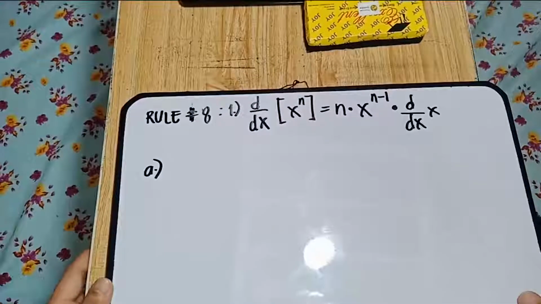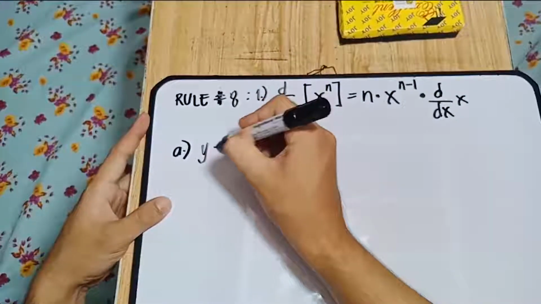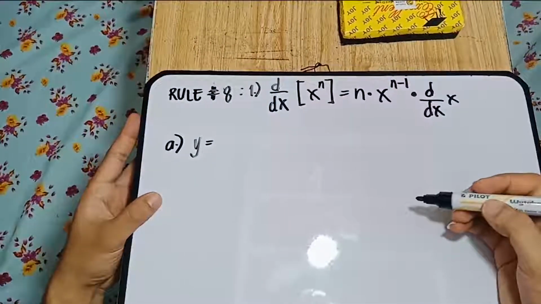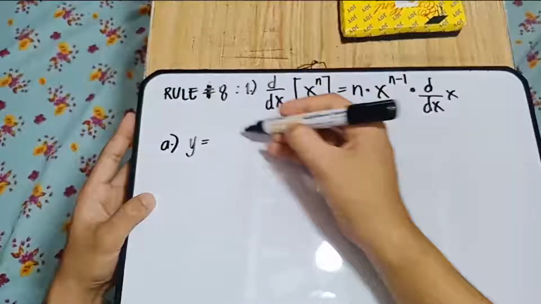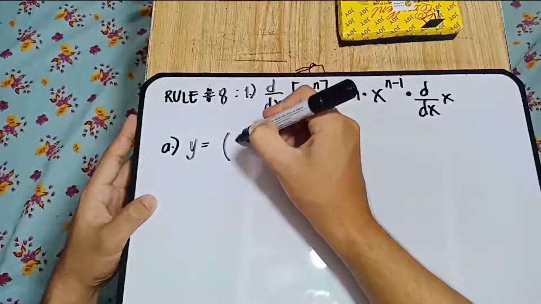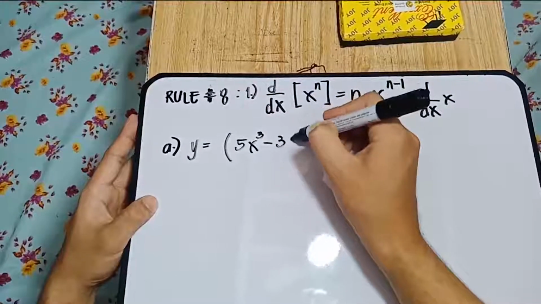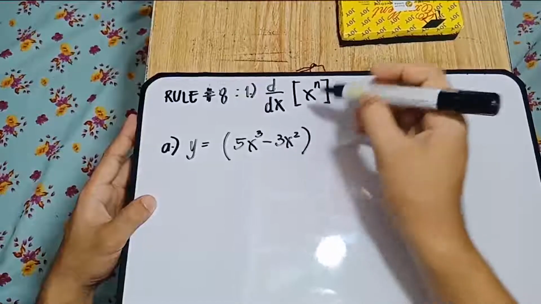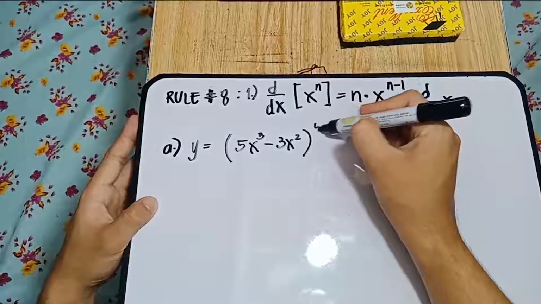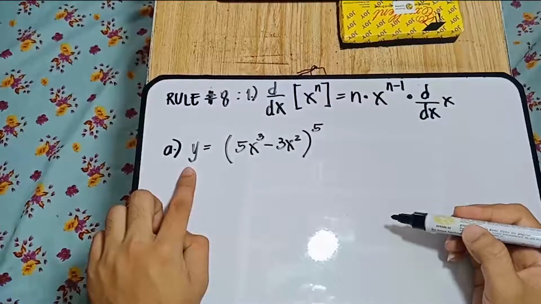So, let's say meron tayong unang example, y equals, sabihin na nating, quantity 5x cubed minus 3x squared, quantity raised to 5. So you are required to solve for the derivative of the function.